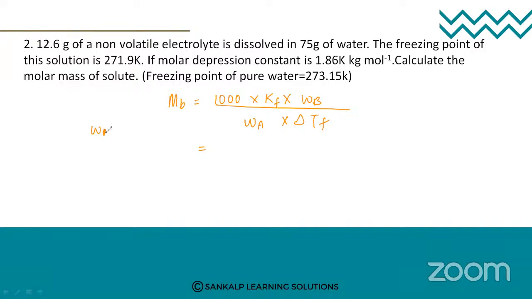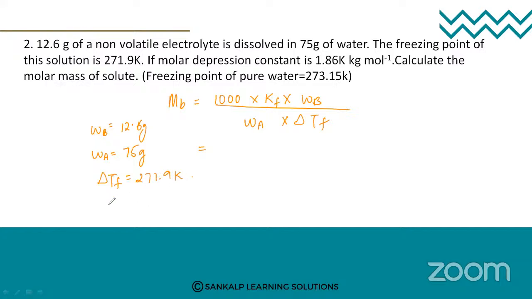The weight of the solute is given as 12.6 grams. It is dissolved in 75 grams of water, so the weight of the solvent is given as 75 grams. Then the freezing point of the solution is given as delta TF, that is 271.9 Kelvin.